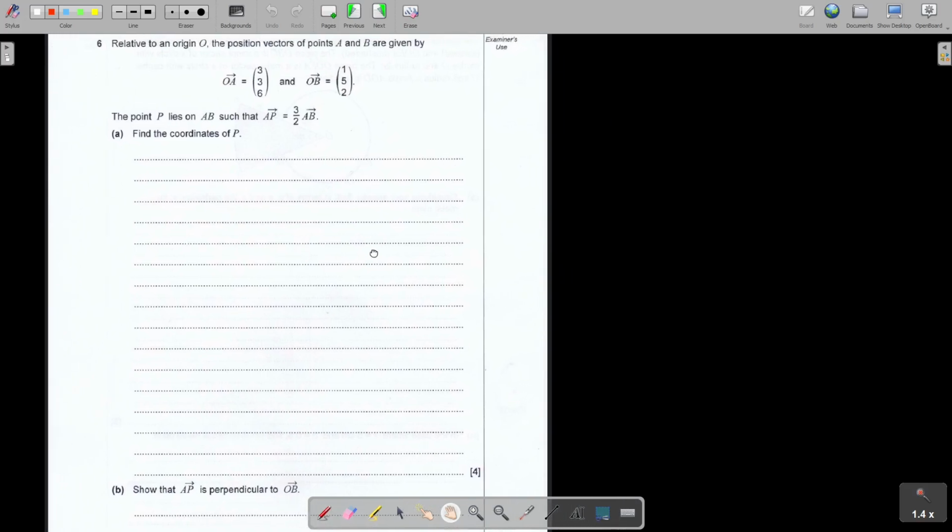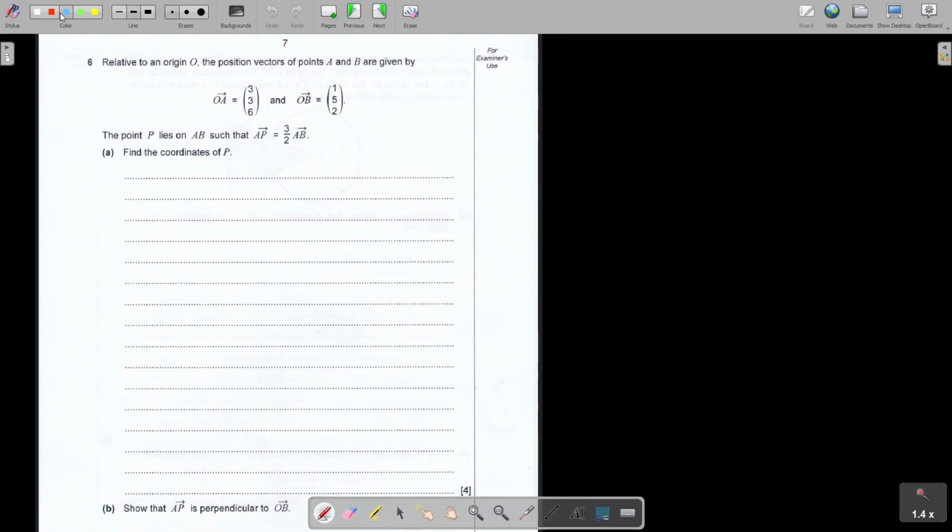So let's just do that. Let's start by saying I'm first going to get AB. If I get the vector AB, can you remember the short way? It's the second position vector minus the first one. Keep it in the same form, so if this was in column, keep it in column.